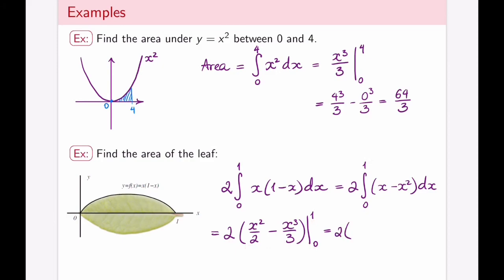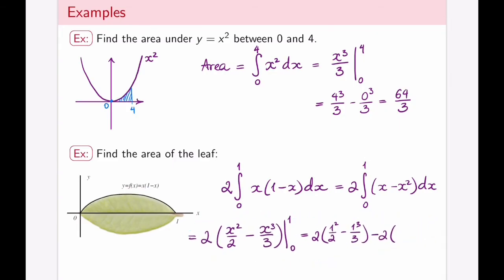So what I'm going to have is 2 times 1 squared over 2 minus 1 cubed over 3, minus 2 times the result of plugging in 0, so 2 times 0 squared over 2 minus 0 cubed over 3. Altogether, I'm going to end up with 2 times 1 over 6, or 1/3.